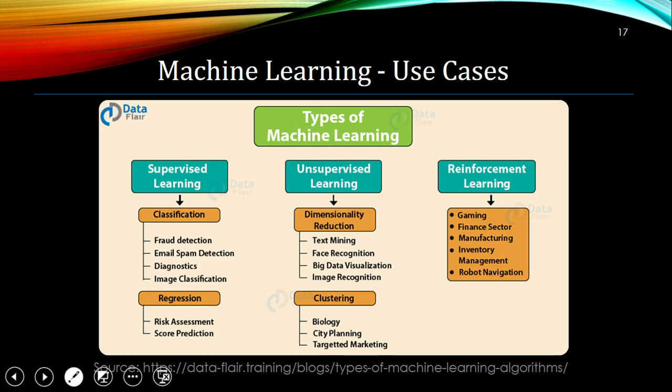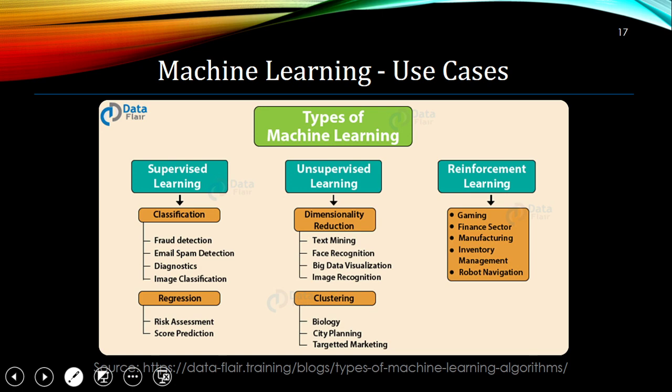Where will these learnings be helpful? Use cases. Supervised learning is very helpful in many areas, such as image classification, which you may have observed in Facebook. When you upload a new image, Facebook will help you to tag the image, recognize faces, and so on.